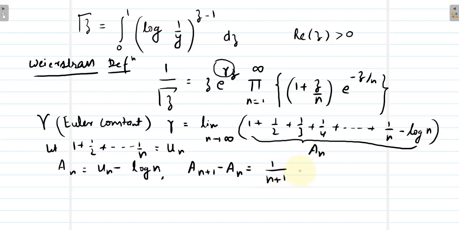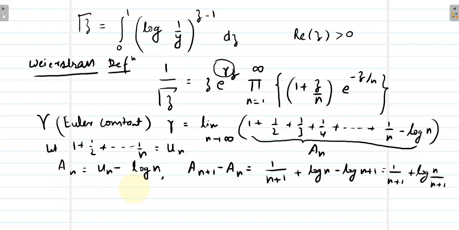And yes, obviously, since we are subtracting an, we will get plus log n, negative of log n plus 1. So it gives us 1 over n plus 1 plus log of n over n plus 1, right?